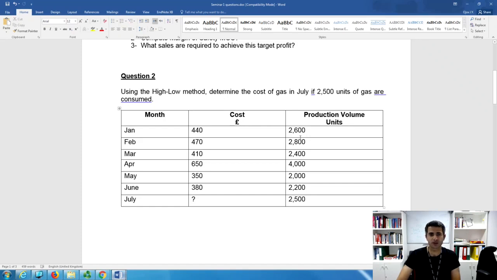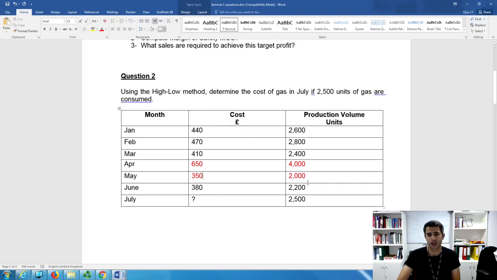If you look at the table, the highest level of output is 4,000 units, and the lowest level of output is 2,000.